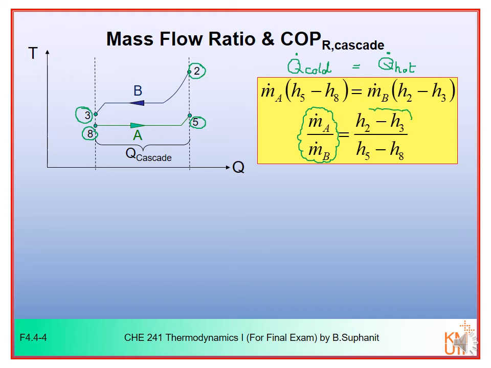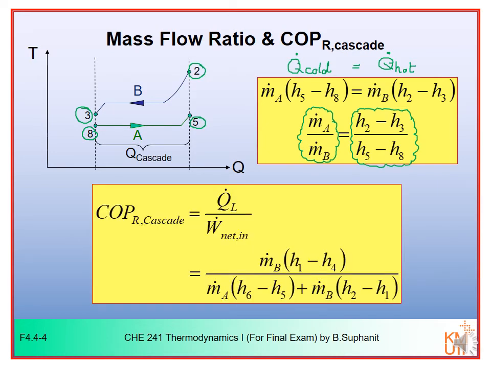So you can determine the mass flow ratio between these two cycles by using the result from the energy balance in the heat exchanger here. mB over mA equal to (h5 minus h8) divided by (h2 minus h3).